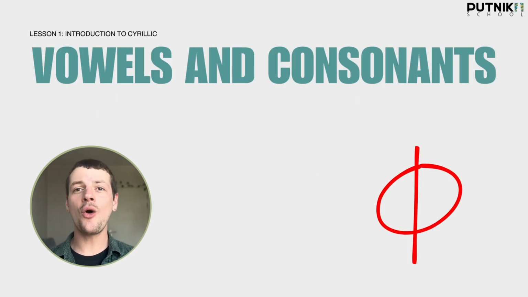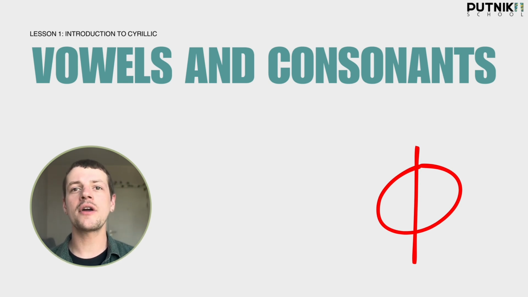Now that we know a bit about the history, let's dive into the alphabet itself. The Cyrillic alphabet consists of vowels and consonants. Let's start with the vowels.